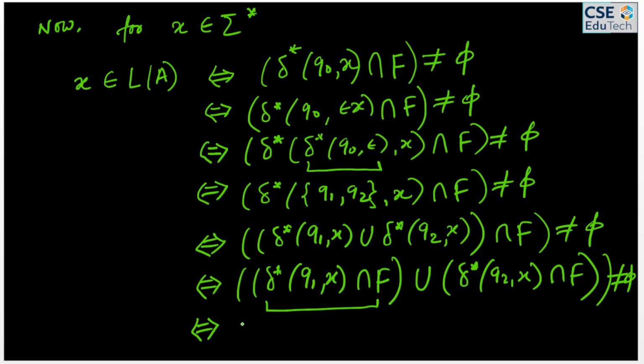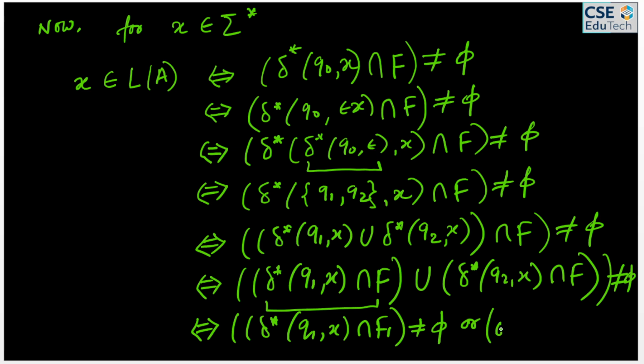So we can write it in that way: delta star Q1 X intersection F1 should not be null, or delta star Q2 X intersection F2 should not be equal to null.